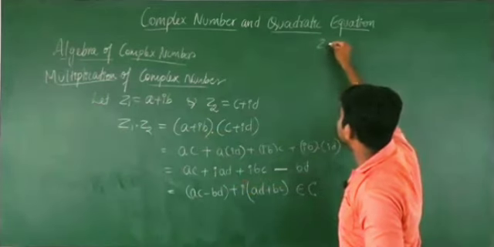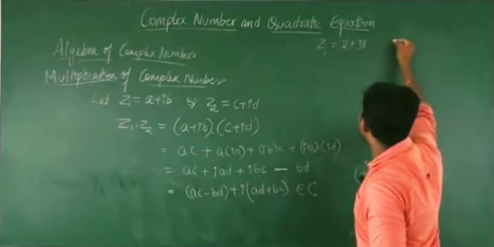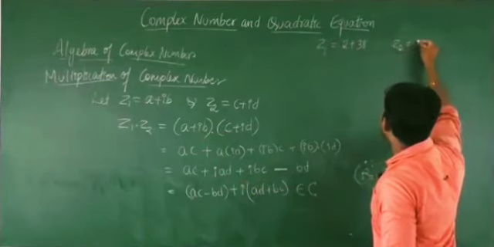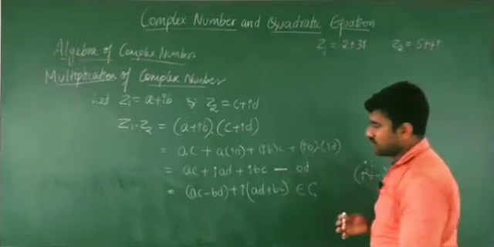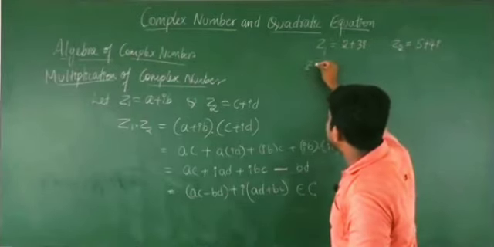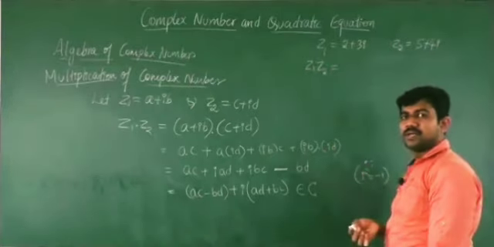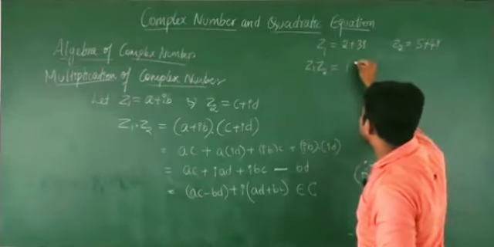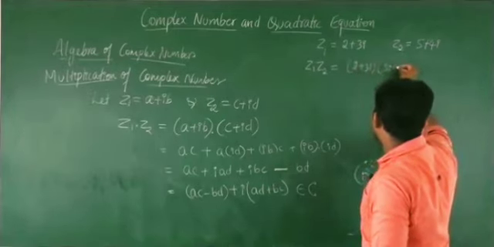For example, Z1 is equal to 2 plus 3i and Z2 is equal to 5 plus 4i. Like this we have two complex numbers. They asked to find the value of Z1 into Z2, multiply two complex numbers. So it means 2 plus 3i into 5 plus 4i.